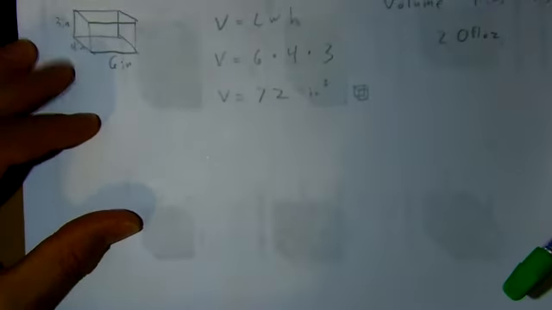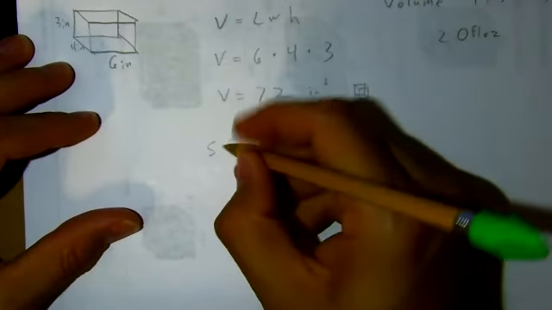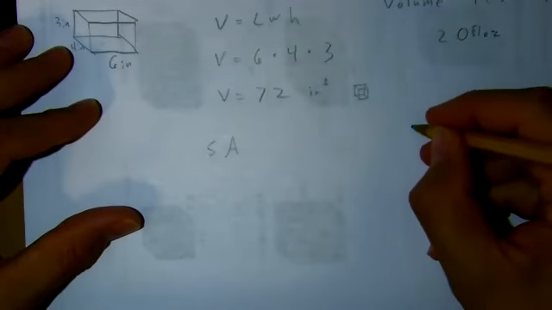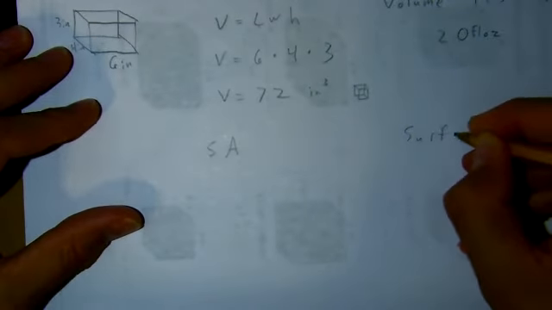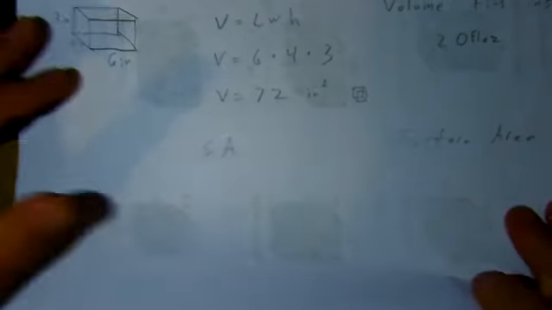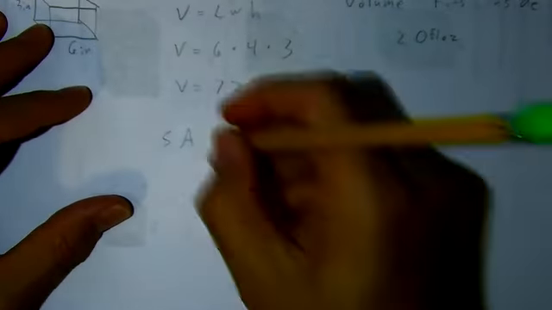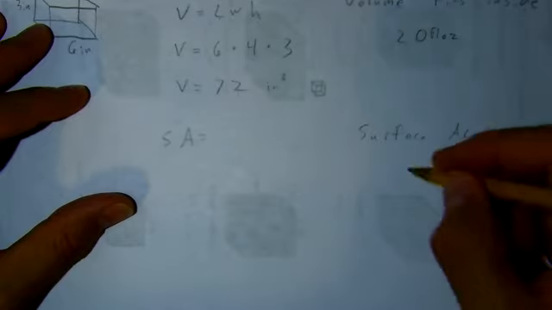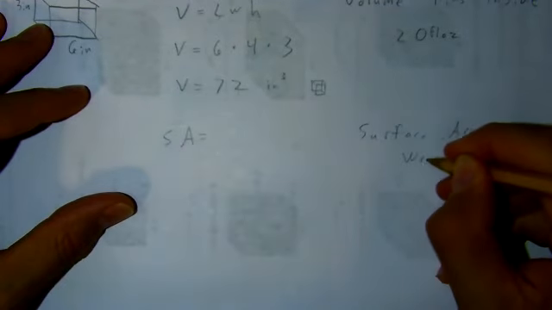So the other measurement you can get from 3D shapes is SA, which stands for surface area. Now the best example for surface area that I can give you is wrapping paper.